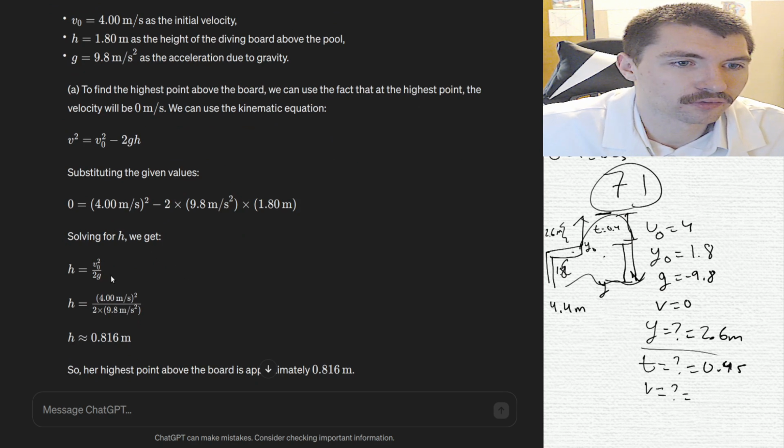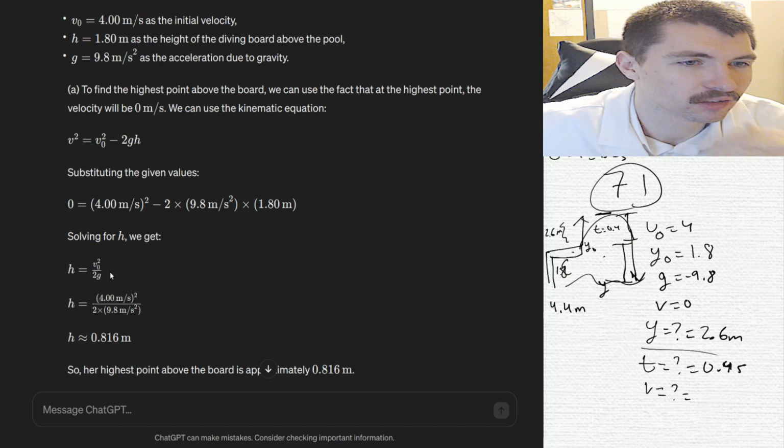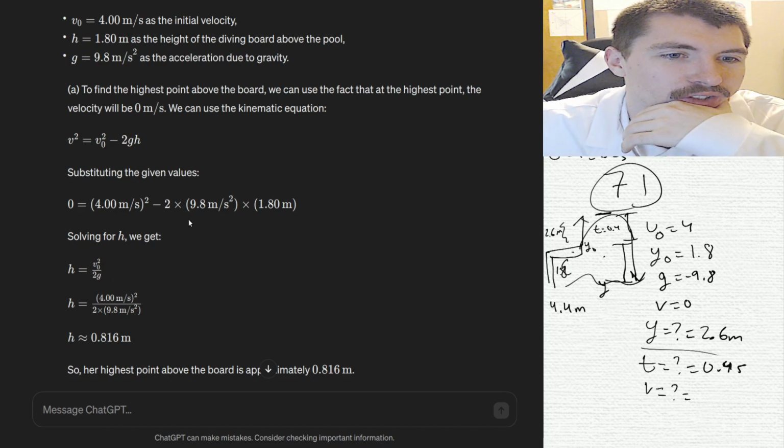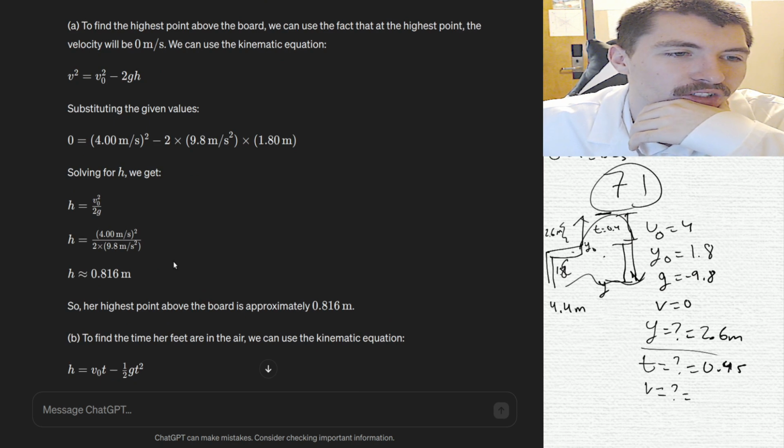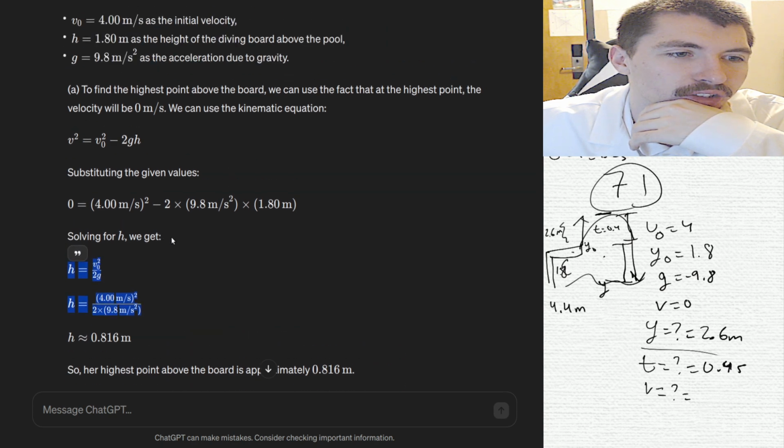So we get V naught over 8. And I'm not sure how they're getting division here. Definitely does not seem to be right. These are definitely wrong, aren't they?